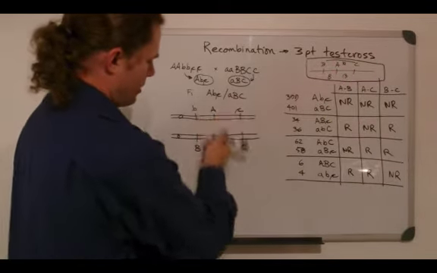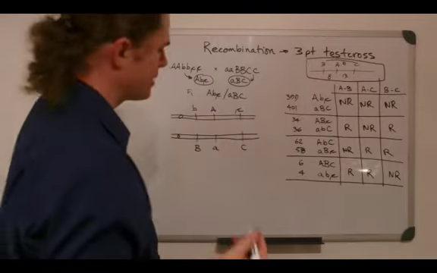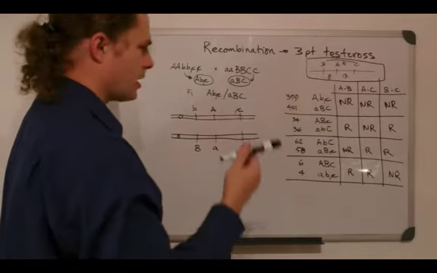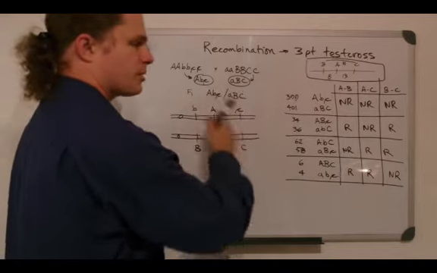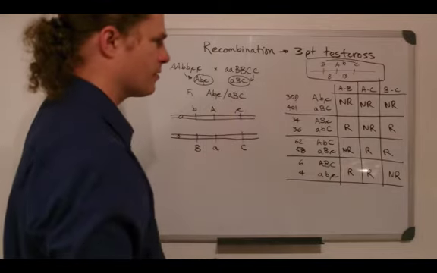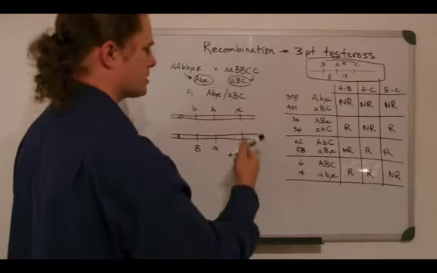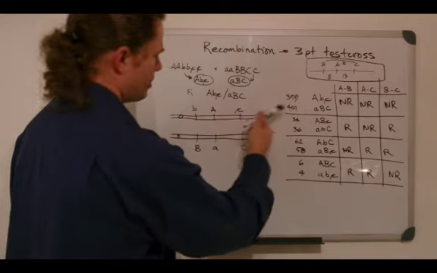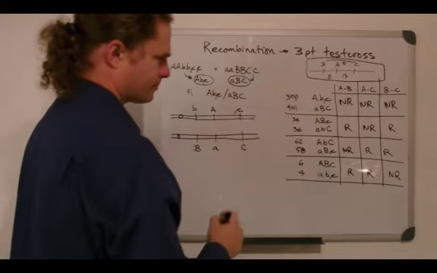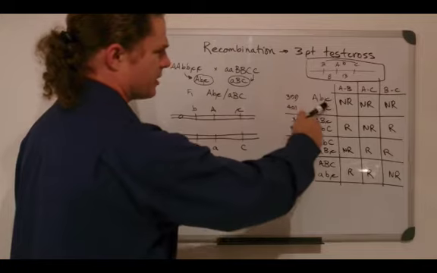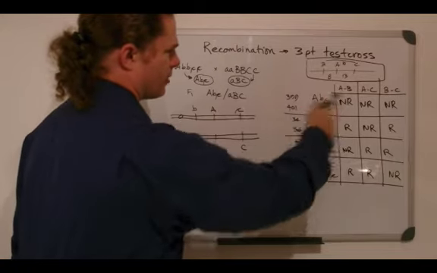Now that we know all three loci are linked on the same chromosome, we can understand the events during meiosis that are producing the different products of meiosis. One thing to look at here is, let's start with the ones that are completely non-recombinant.